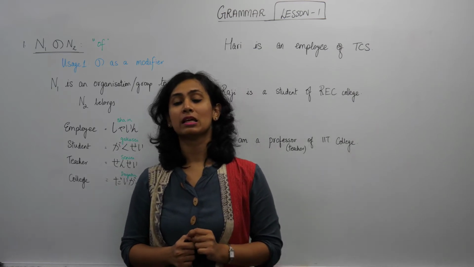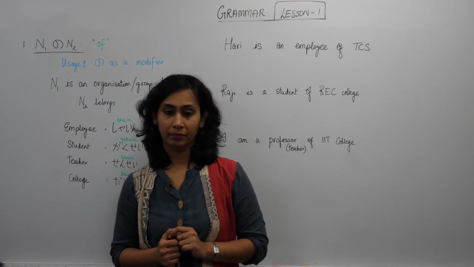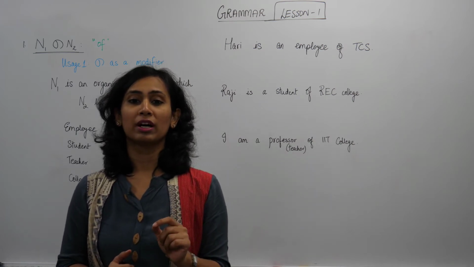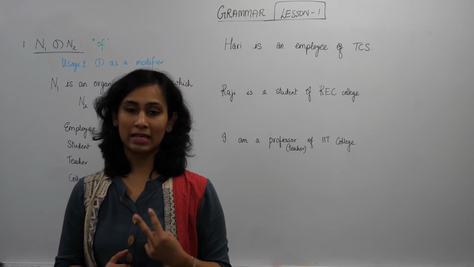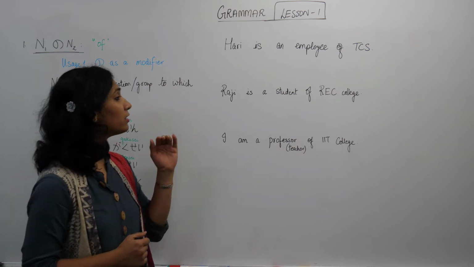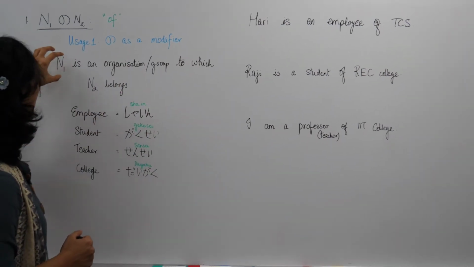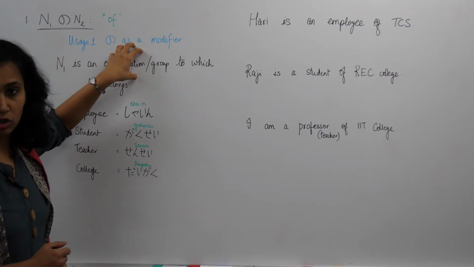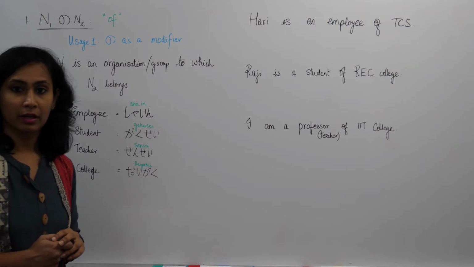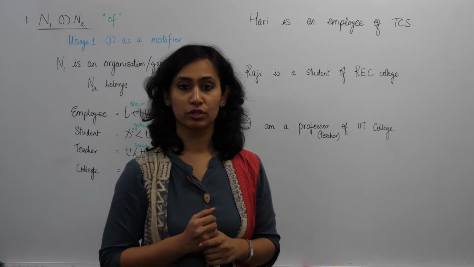No as a modifier. It is a particle that is used to connect two nouns. Let's name them N1 and N2. And when N1 is an organization or a group to which N2 belongs, the particle no is used.